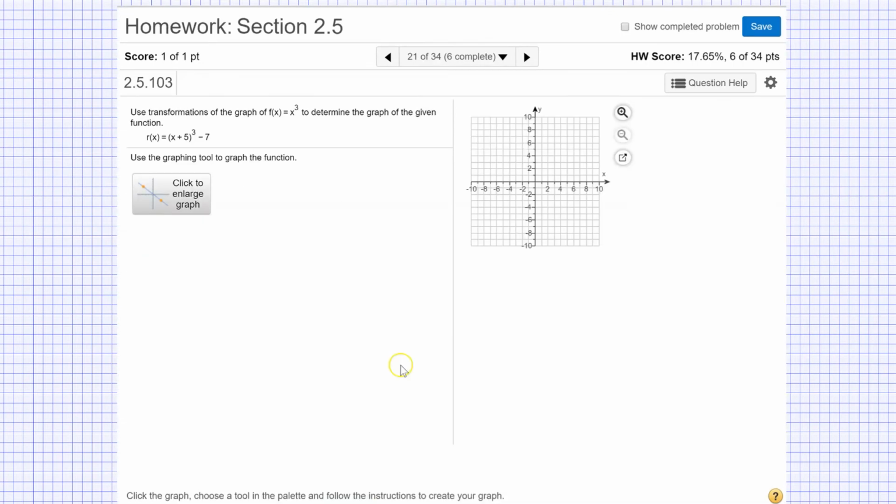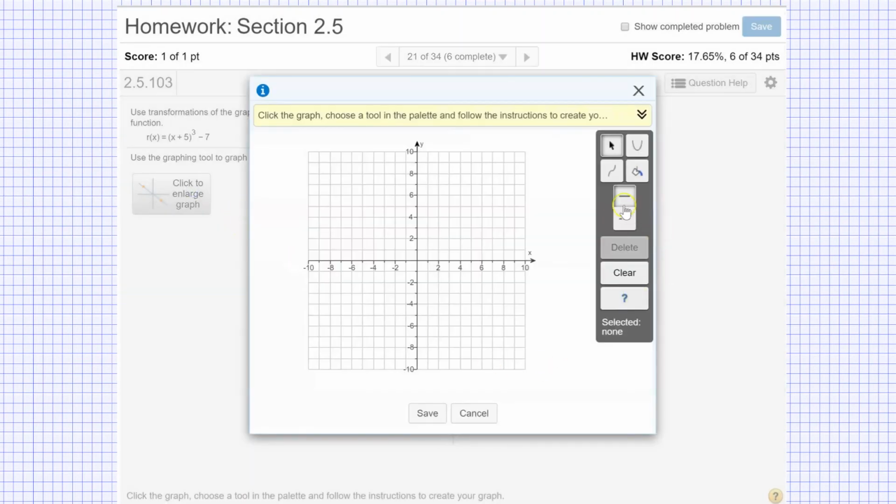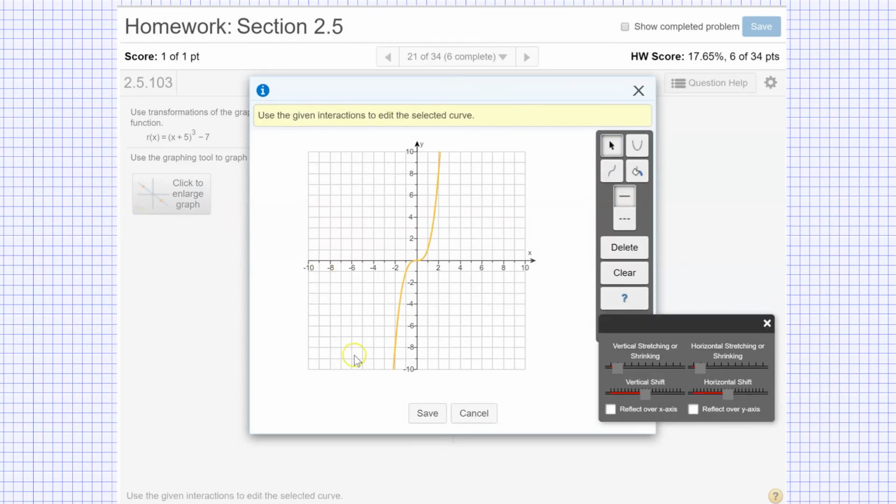One more video. This one's because it looks a little different. So I'm going to be graphing my parent cubic. I'm going to shift it to the left 5 and down 7. I'm going to pick my cubic tool, and then I need to shift it to the left 5 units. Now this one uses these little slider bars.